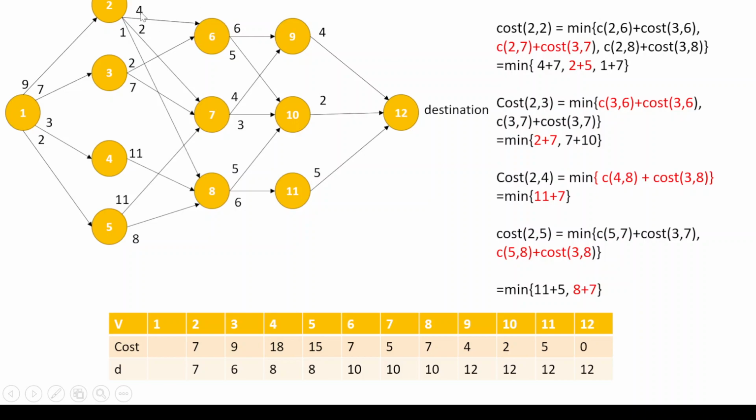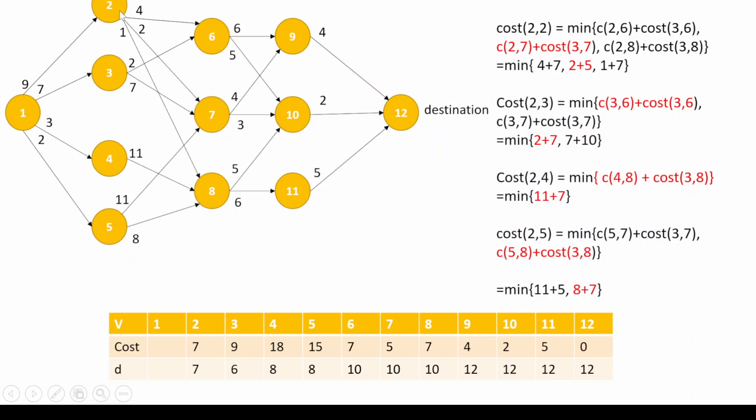So we'll say minimum of C of 2, 6, that is this edge, which is 4, plus cost of third stage 6th vertex, and this one, that is 2 to 7, the weight of this edge plus third stage 7th vertex cost, as well as this weight, that is 2 and 8, plus cost of third stage 8th vertex cost. So substituting, we'll get minimum of 4 plus 7, 2 plus 5 and 1 plus 7. Smaller is 7, 2 plus 5. Which node is contributing? The 7th node.